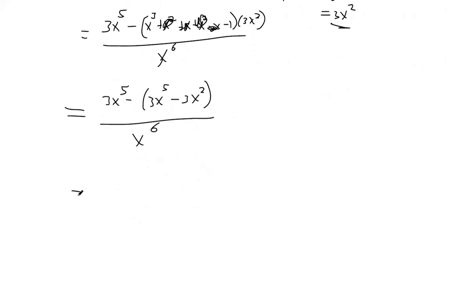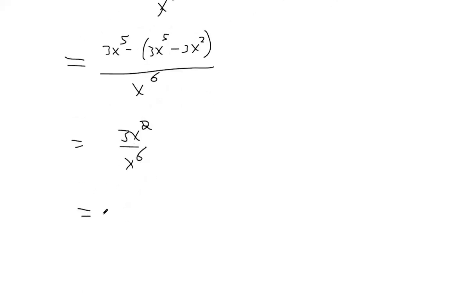So now we can distribute that minus sign. You're going to have 3x to the fifth minus 3x to the fifth. That cancels out. And minus a negative 3x squared, that's just a positive 3x squared. And we have x squared over x to the sixth. So those powers can reduce, right? That's 2 minus 6 makes negative 4, x to the negative fourth power. In other words, 3 over x to the fourth. There's our derivative. The book gave us a real treat, huh, by letting it all simplify to be something nice.